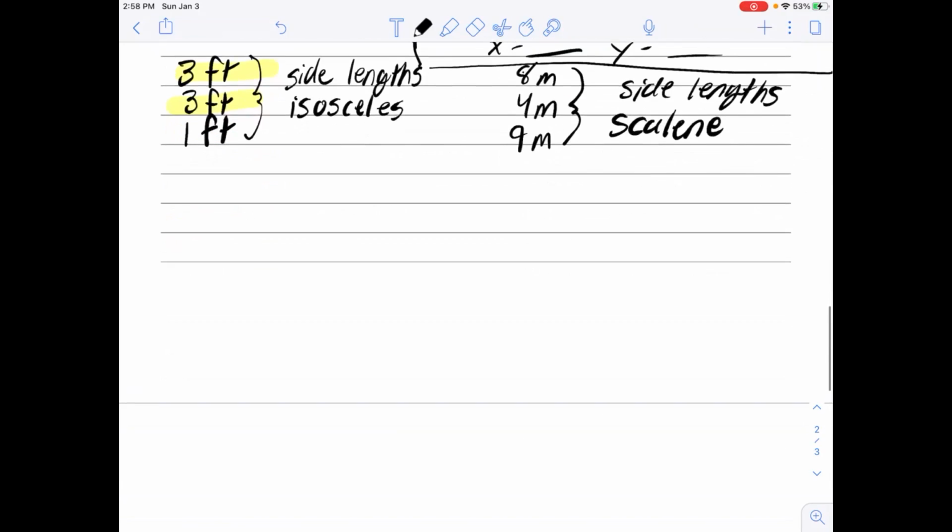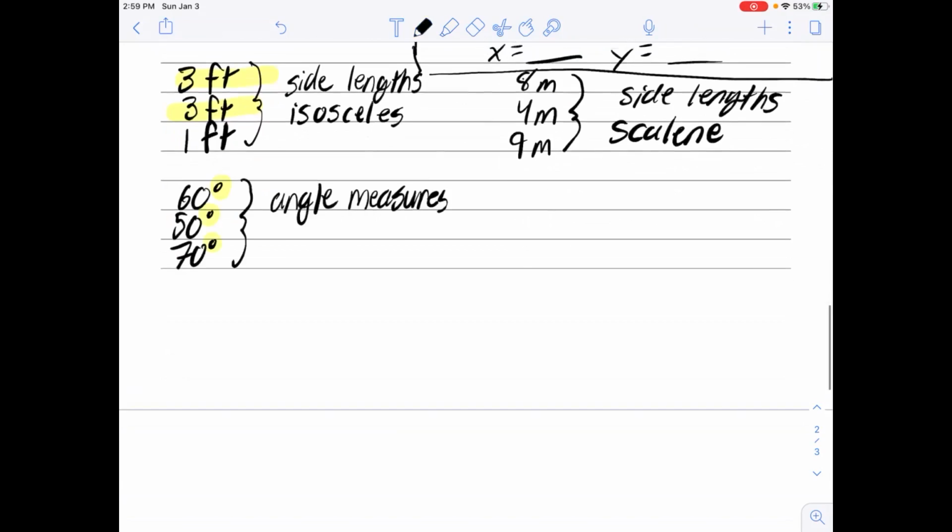We can also classify by angle measures, and that will look like this. Let's say the measurements I gave you were 60 degrees, 50 degrees, and 70 degrees. When I see all of these degrees right here, I know that this time it's asking me to classify by the angle measures. Degrees are always angle measures.